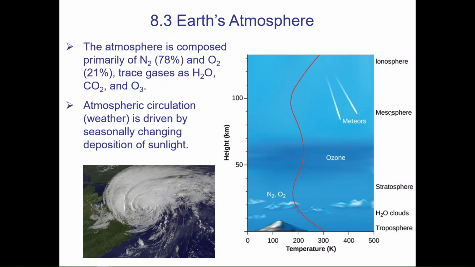And if we look at the overall atmospheric structure from the surface of Earth, the layer closest to the surface is the troposphere. The troposphere is where convection happens, and all the weather events are within the troposphere.